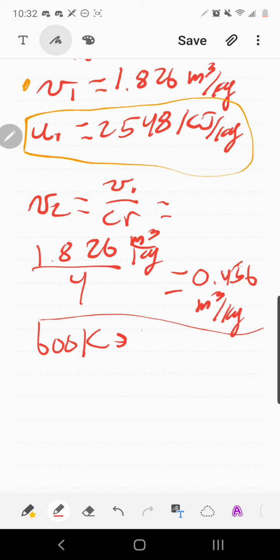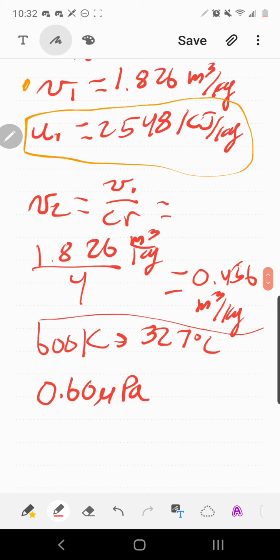Converting that, it's 327 degrees C, and we have our volume as well. We can use our superheated table, and we also know this is in the superheated section. We can look at our 0.60 MPa section and 327 degrees C.